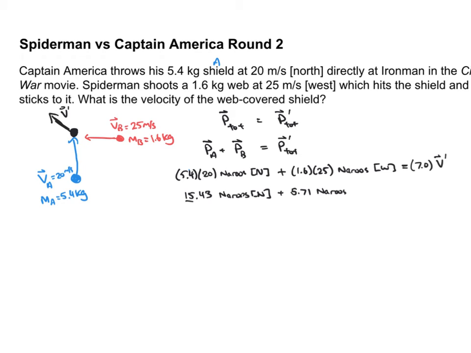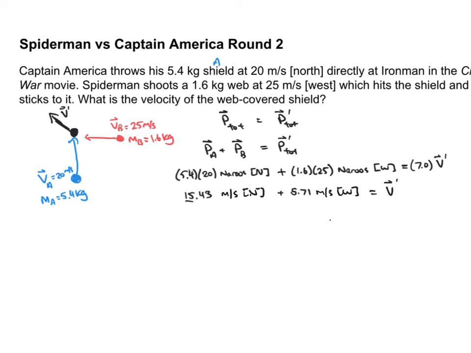I did divide it by the mass already. So momentum units divided by mass units will just be velocity units. So that's meters per second north, and the other one is meters per second west. Okay, so that's going to be my final velocity.